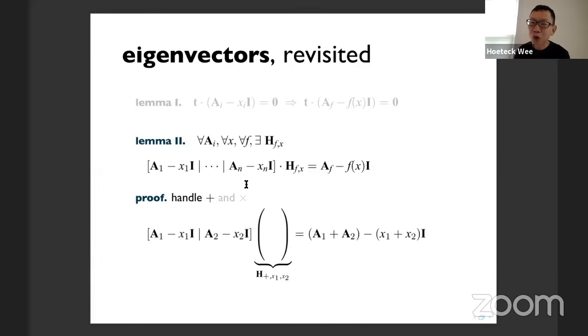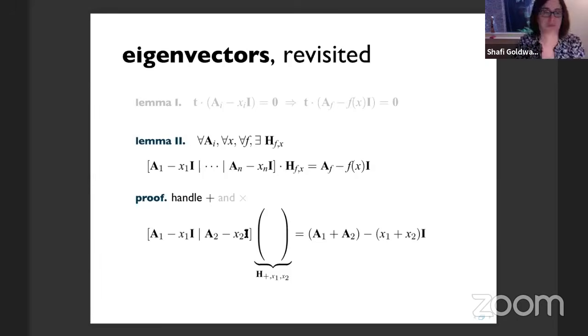In fact, this statement holds for x1 to xn, even if they come from Z_q. F is a polynomial in n variables, and I'm going to prove this statement for n equals 2. So for polynomials in 2 variables, I'm going to prove it for 2 special polynomials, addition and multiplication. X is x1 to xn, yes, that's correct.